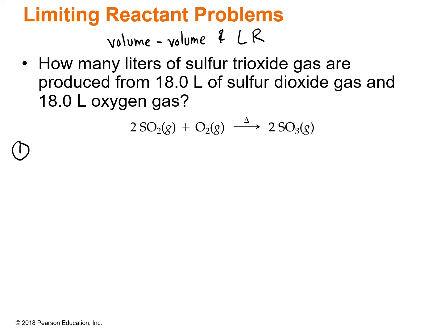The first one is if we have 18 liters of sulfur dioxide gas, how much sulfur trioxide gas will we make? The second question is if we have 18 liters of oxygen gas, how much product will we make?